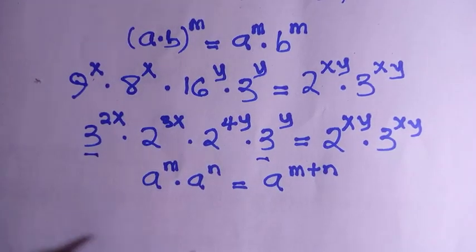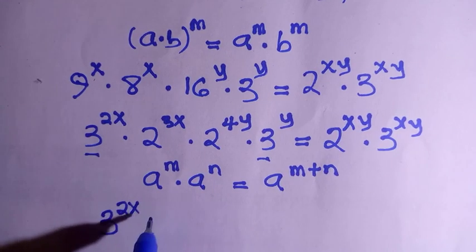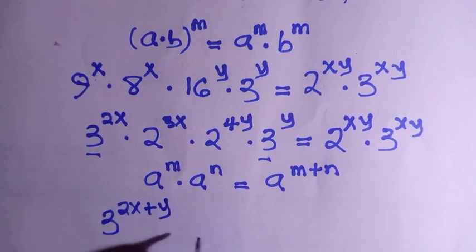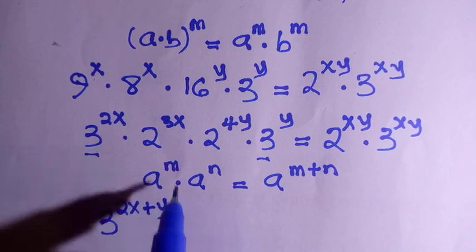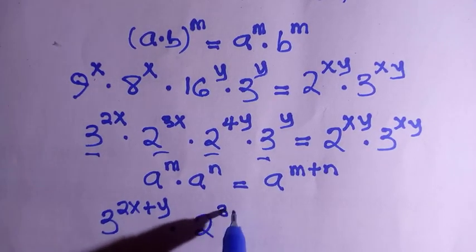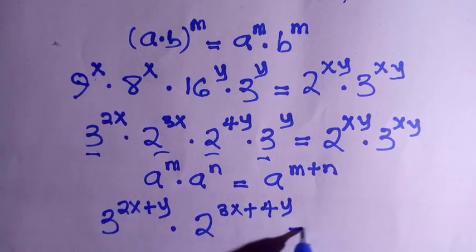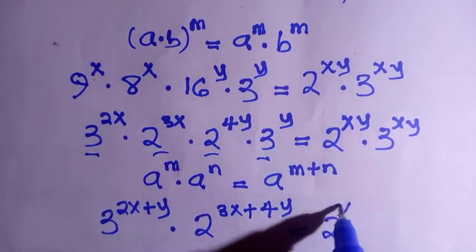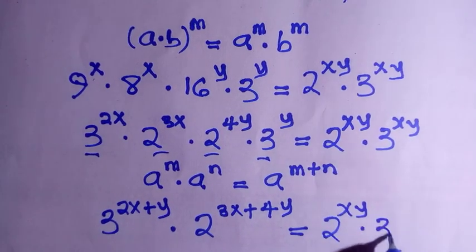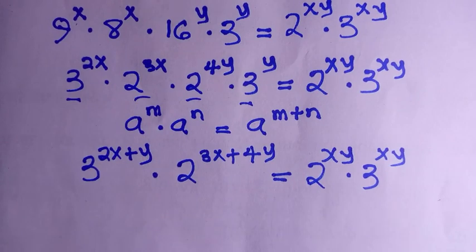By combining these, we have 3 to the power of 2x plus y times, while the second one is 2 to the power of 3x plus 4y, equals 2 raised to the power of xy times 3 raised to the power of xy. Okay, I think this is making sense.